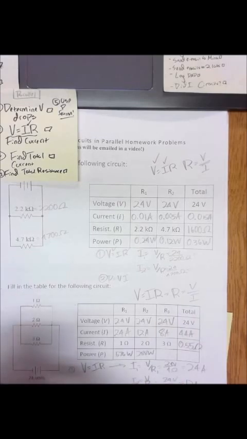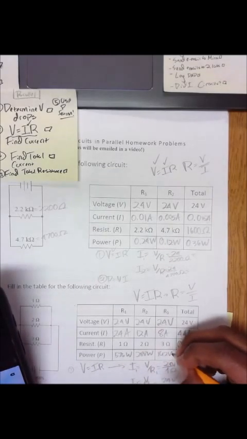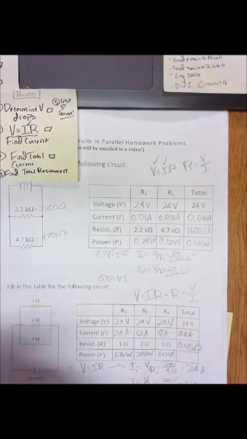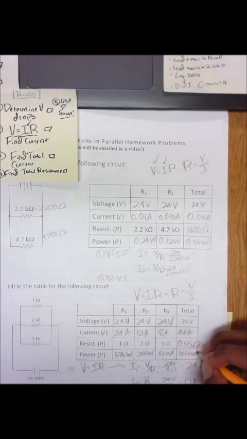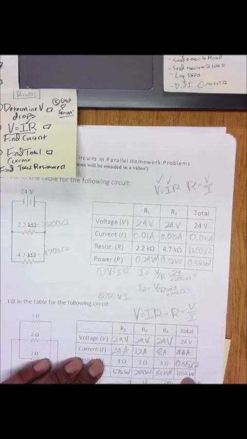And this is 24 times, 192 watts. So the total power dissipated by the circuit is just the sum of these, or approximately 1 kilowatt.